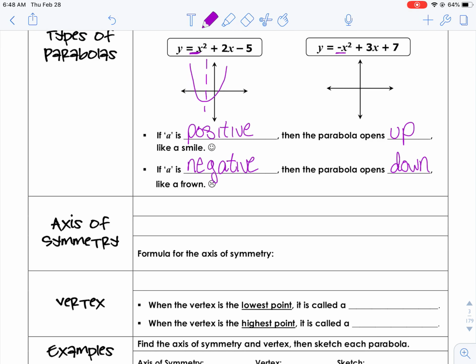So we said that our parabolas are symmetrical. They have this line down the middle. That line is actually called the axis of symmetry, and it is a vertical line, vertical meaning it goes up and down. That divides the parabola into two equal parts.